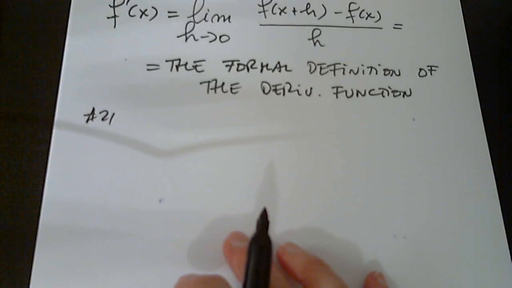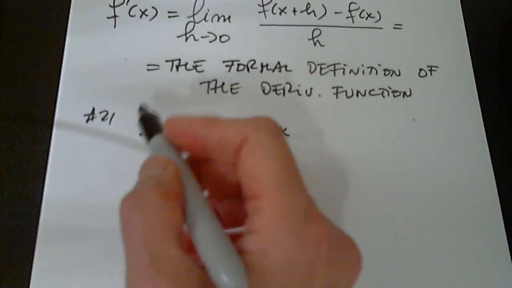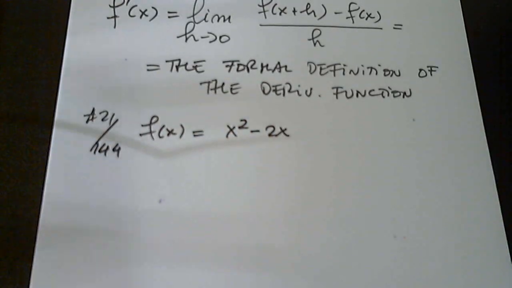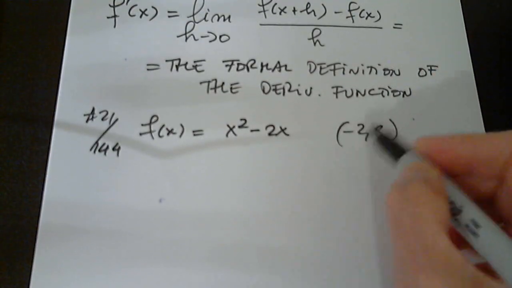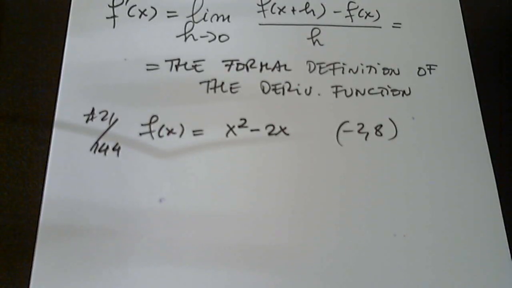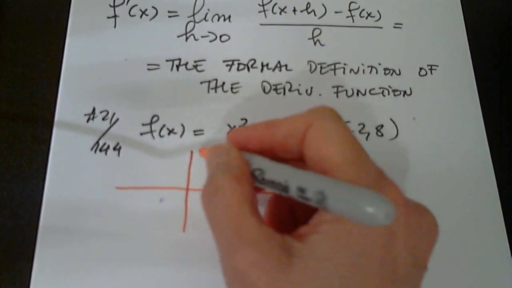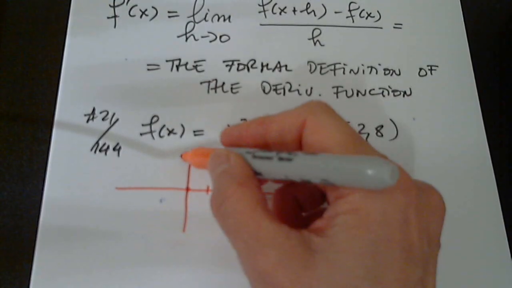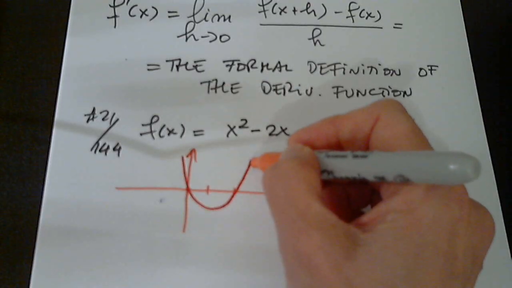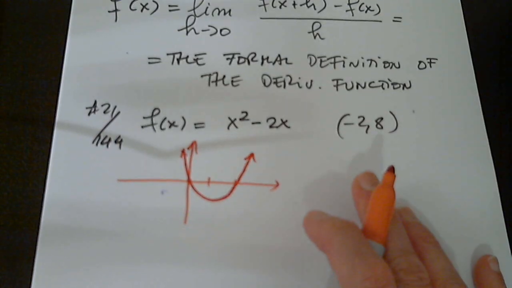So 21: find the equation of the tangent line. f of x equals x squared minus 2x, on page 144, at the point negative 2, 8. So here's the question. X squared minus 2x. I know the graph crosses at 0 and 2, something like this. We don't need to graph it. I just want to show what I'm trying to do.